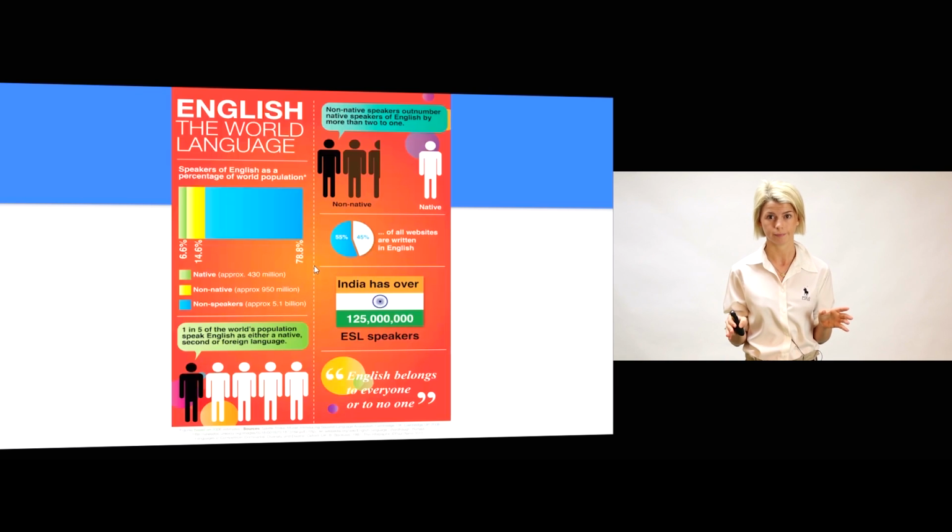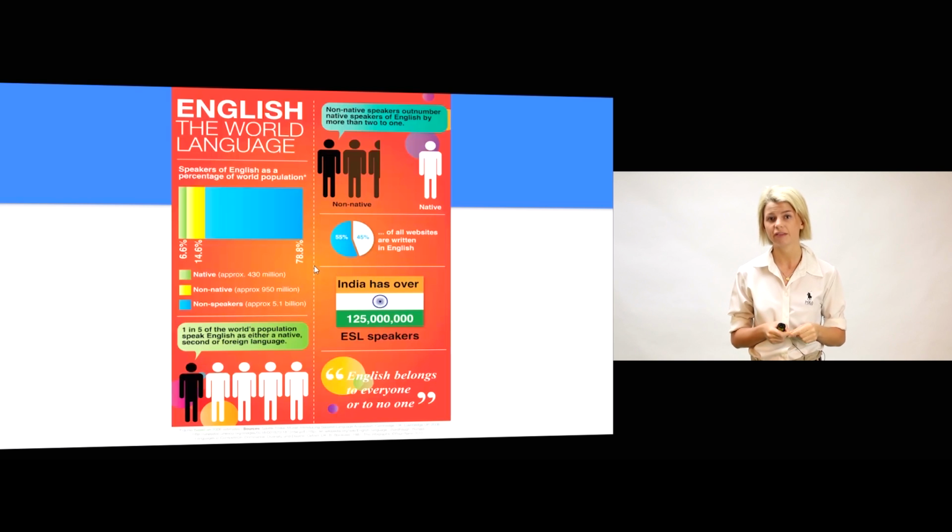Never worry. Okay. In the circle graph, we call pie chart, it shows the amount of information on the internet in English. That's the blue part. Blue is the English information.